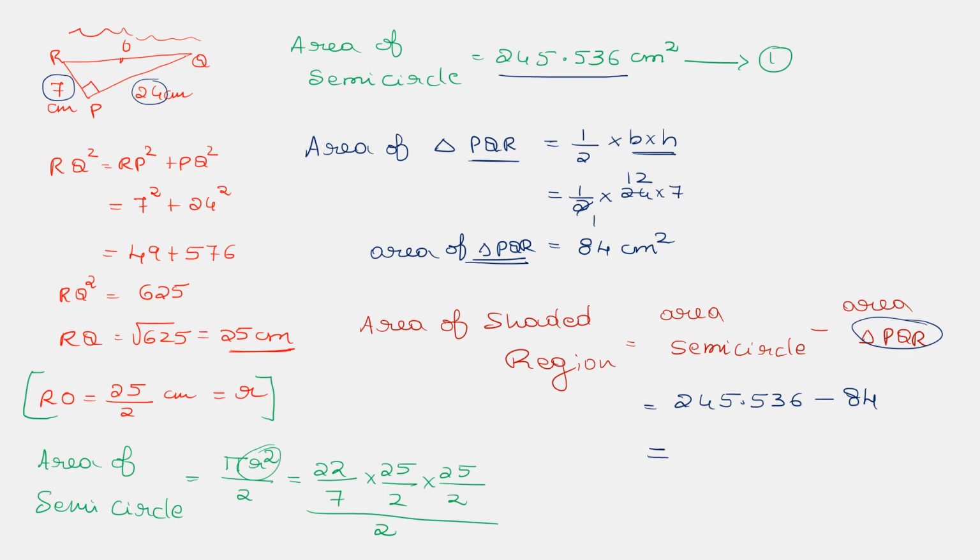So when we simplify this, what answer will you get? 245.536 minus 84 is equal to 161.536, and the unit is centimeter square. This is the area of this shaded region.